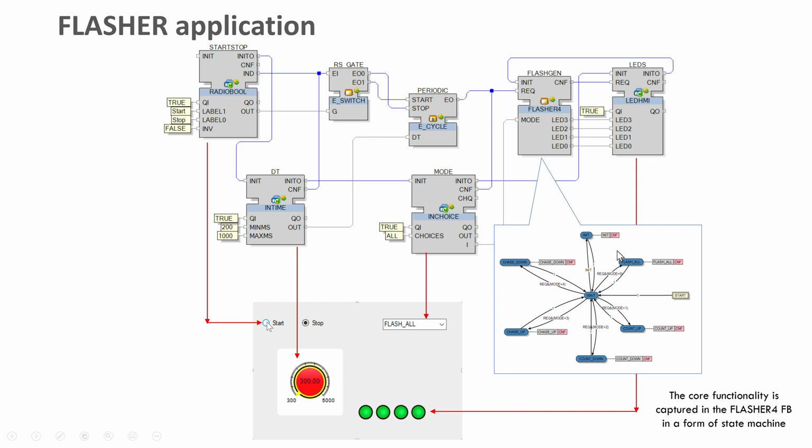For each of the modes, count up, count down, chase up, chase down, and flash all, there is one dedicated state. So if the mode is equal, let's say, to 1, every time the block is activated by event rec, it will jump to the state count up, execute the algorithm count up, and emit the CNF event. And the algorithm count up has to produce the next array of values to be displayed. So this is how this function block works.